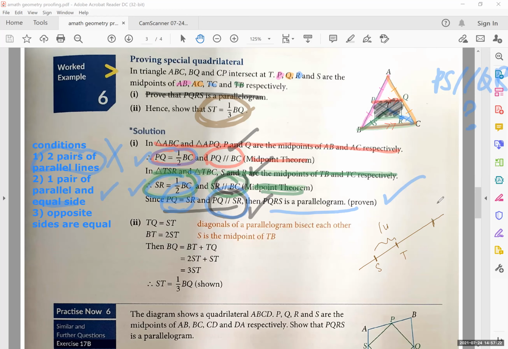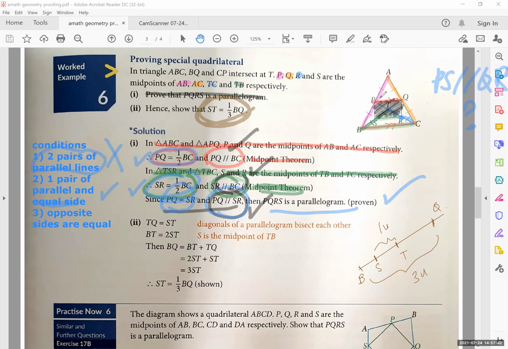This is Q here and this is B here. So BQ is 3 units. Oh, this is quite difficult. Let's see. What are the clues we have?